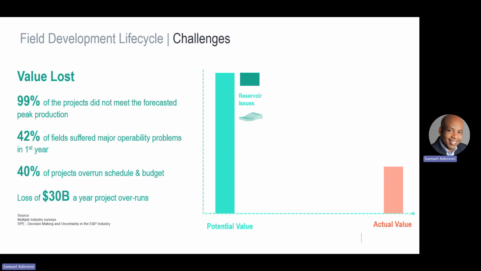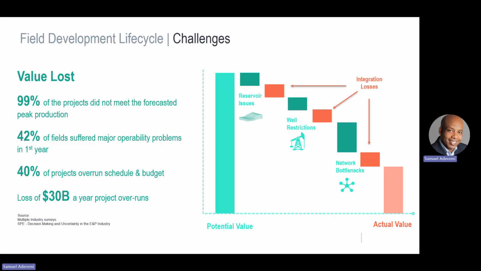Some of that loss comes from the reservoir issues, and some of it is associated with well restrictions and also the network bottlenecks. And the biggest source of this value loss lies in what we call the integration loss.